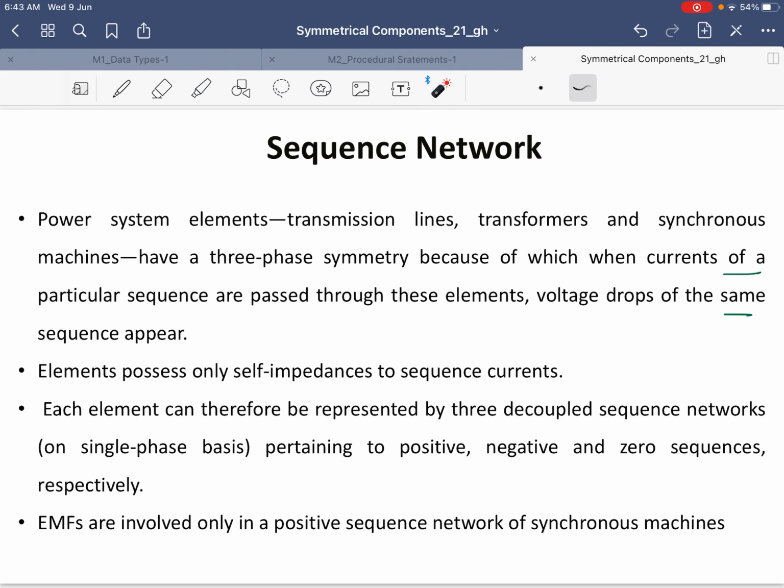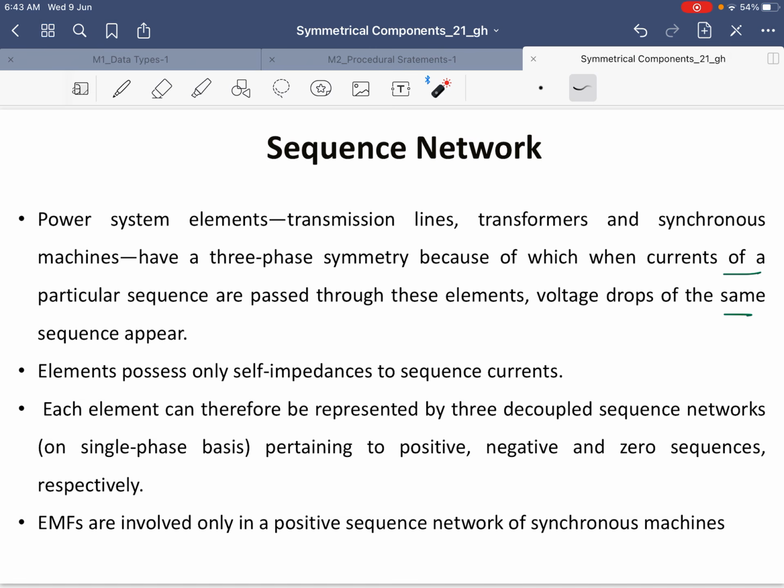The important statement is that the EMFs are involved only in the positive sequence network of a synchronous machine, because the synchronous machine is the only active element in the power system, whereas the transformer and transmission line are passive elements.